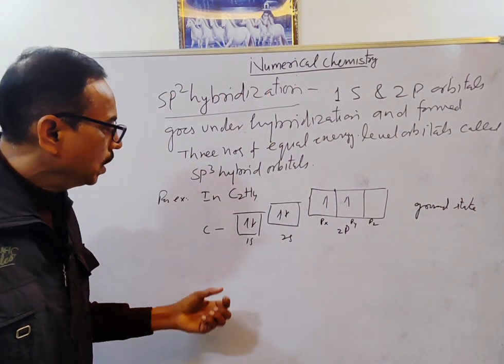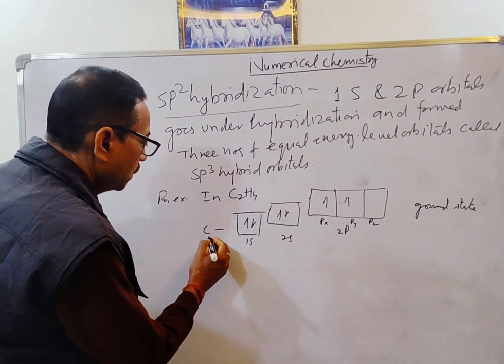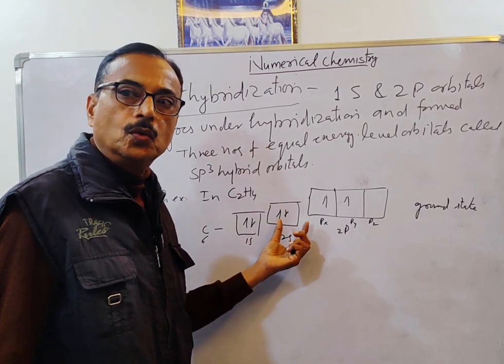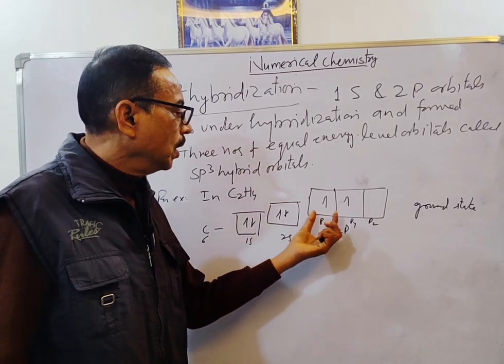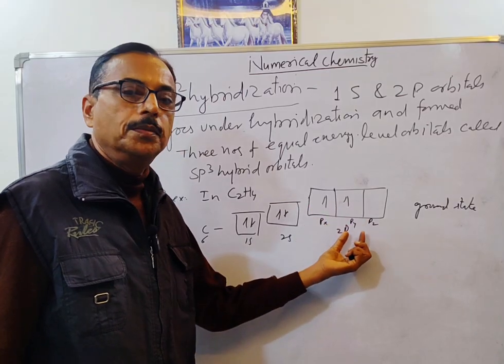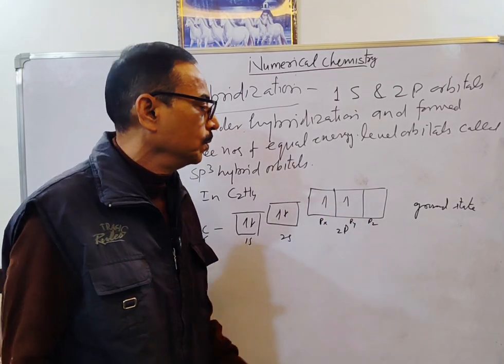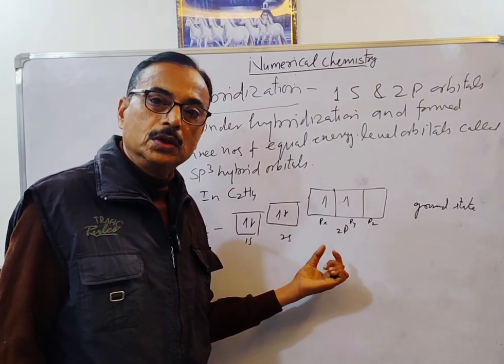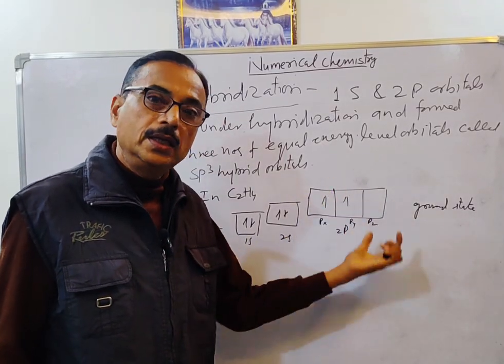In the ground state, carbon has 6 electrons: 2 in 1s, 2 in 2s, and 1 each in px and py, that is 2p2. Before bond formation, there is a process called the excited state.